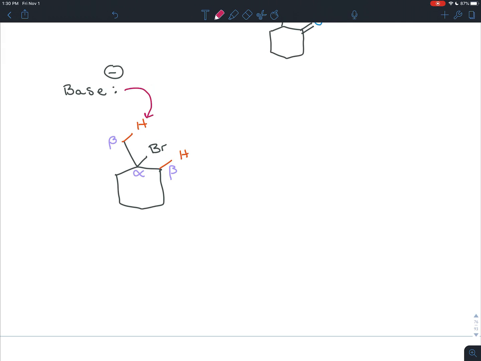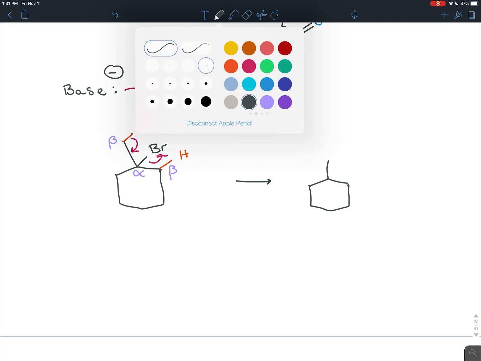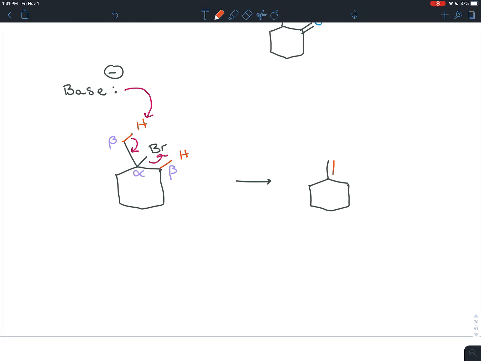And so when the base tugs on this hydrogen, the electrons of the hydrogen are attracted to the slightly positive charge and they kick the leaving group off. So you've eliminated that leaving group. And in that case, you end up getting a double bond going up. So the electrons from that hydrogen create a pi bond in the direction of where the hydrogen was taken.